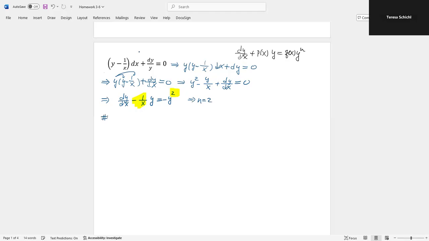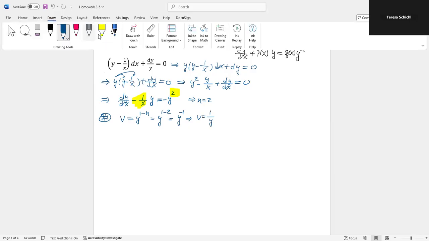Process number 1: I assign the new variable v equal to y to the 1 minus n. So this is y to the 1 minus 2, which is y to the negative 1. So I have v equal to 1 over y.